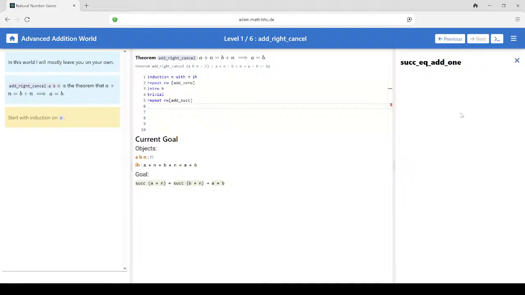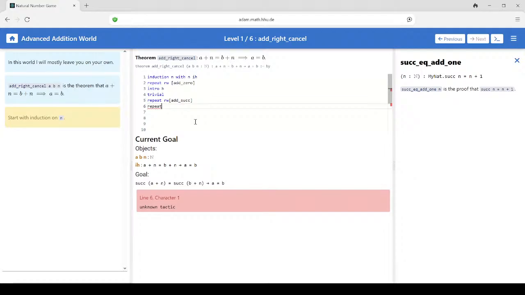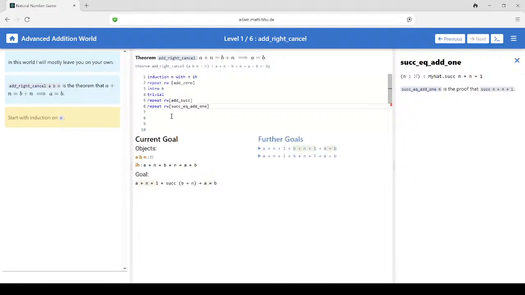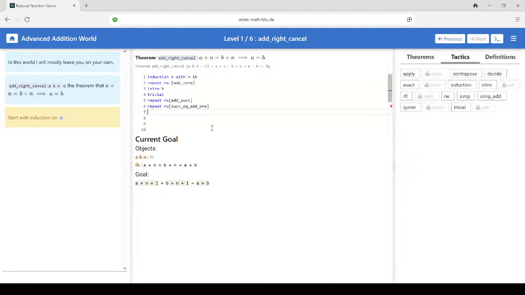And then this? Wait, that just got us back to where we were.